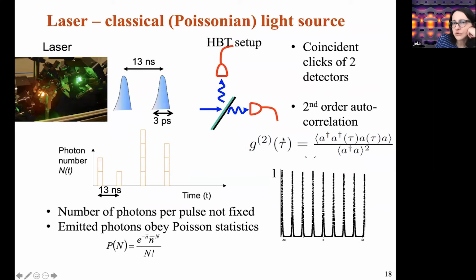This second order autocorrelation function is basically given by this expression. It's an expectation value of an expression that depends on annihilation and creation operators, but it's an intensity correlation measurement on the system. So you basically do intensity correlations, and it's not surprising that they peak at intervals that depend on the repetition period of the laser. But all the peaks would have equal height.